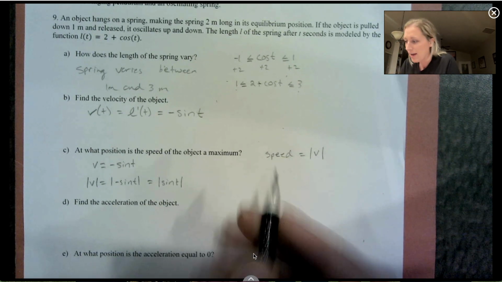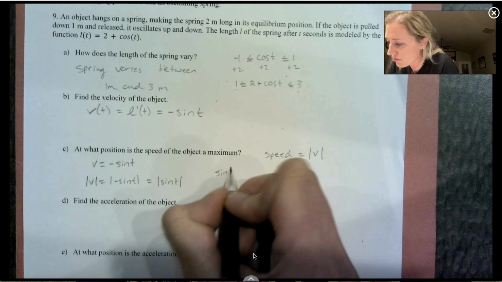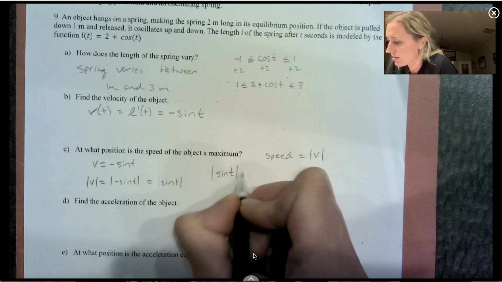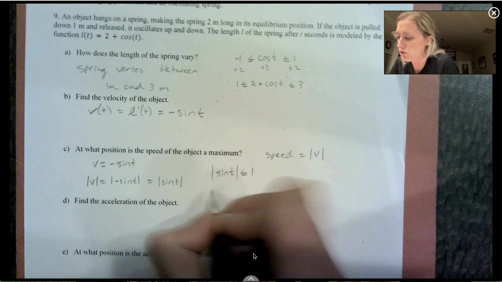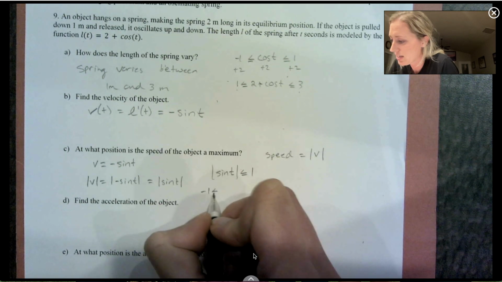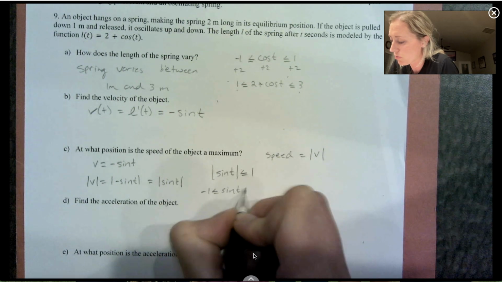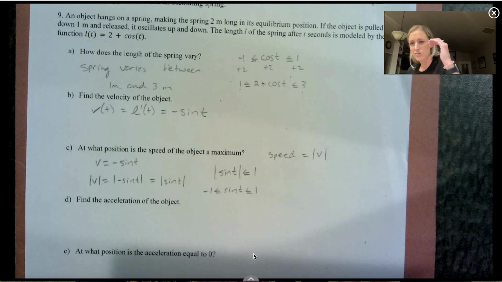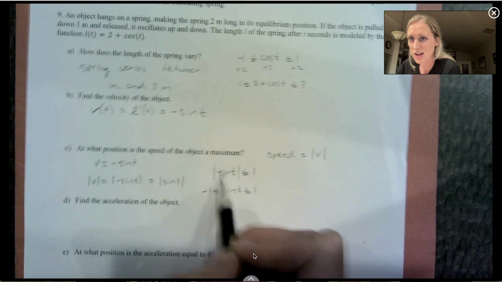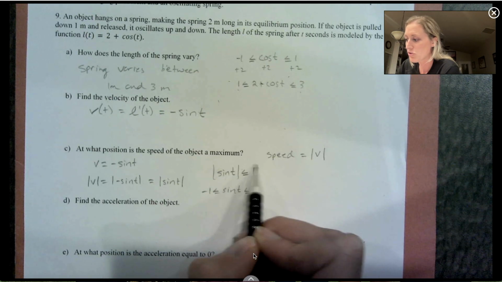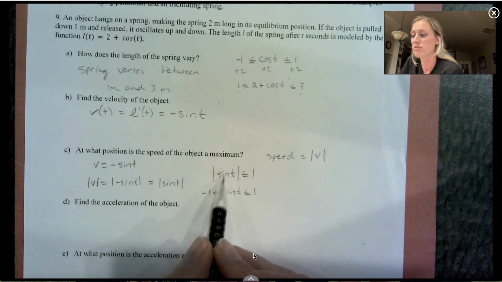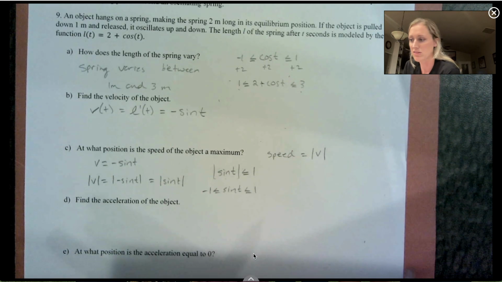And we know sine lives between negative 1 and 1. So the max I can get to is negative 1 or 1, those speeds, because this was our velocity, and the velocity, its maximum is 1, or negative 1, because if I put that in there, the absolute value would give me the same result.